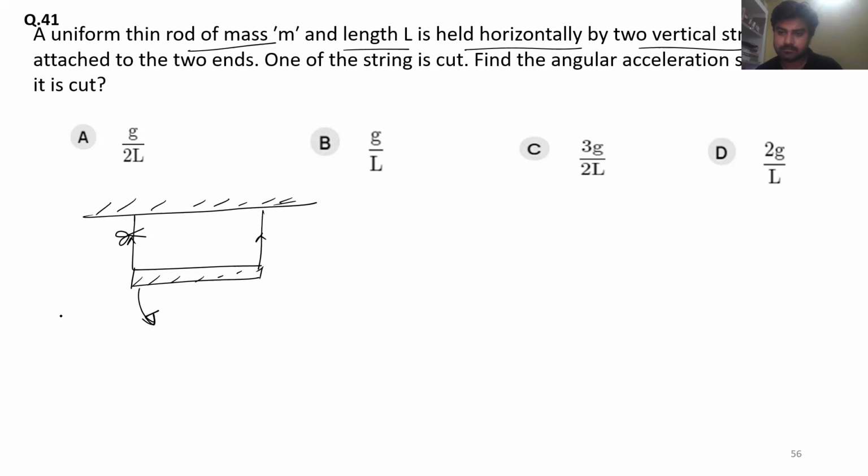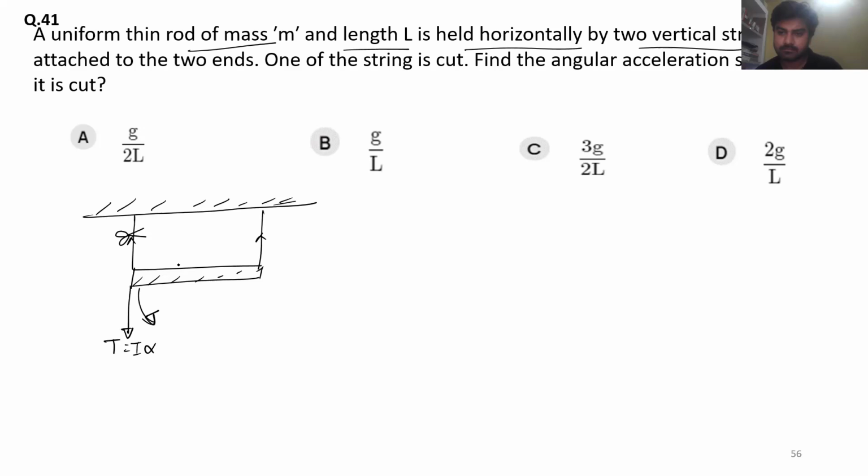It will go like this. Okay. If it will go like this, it will have an angular acceleration, right? What will be that acceleration that we have to find? Okay. So it is very simple question. When it will rotate, it will have some torque, which is equal to I alpha, right?